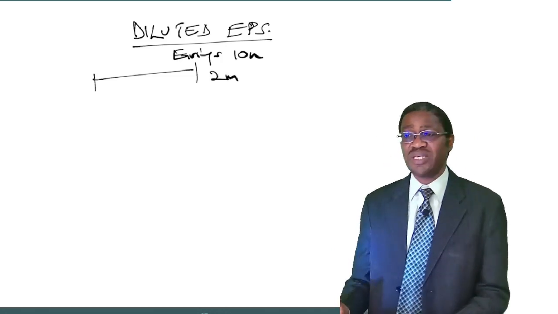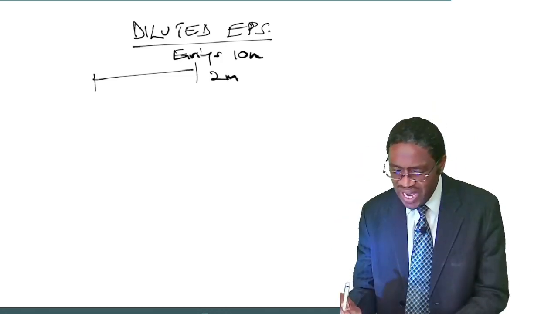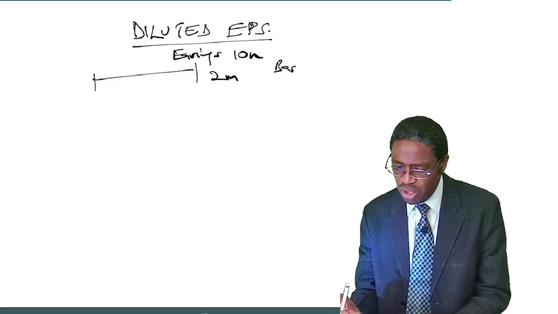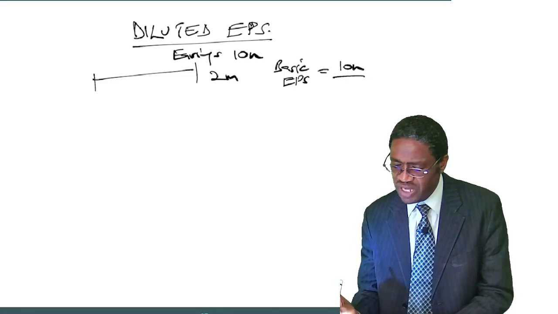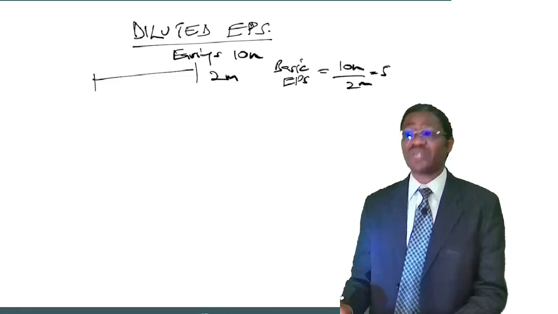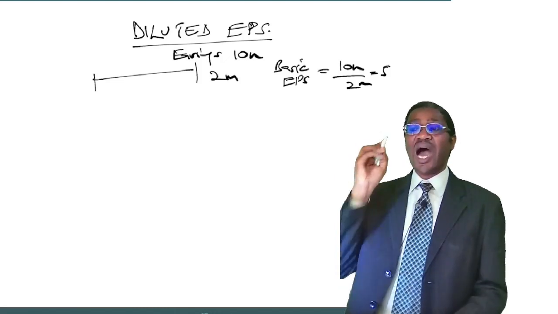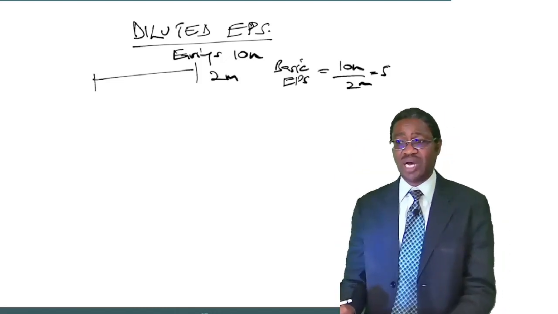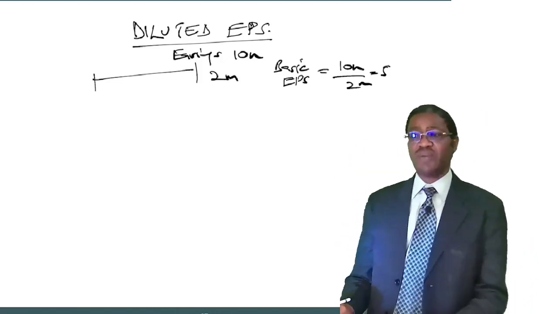So your normal basic EPS will be 10 million divided by 2 million, which comes to 5 shillings. That was what we were considering as our basic earnings per share.